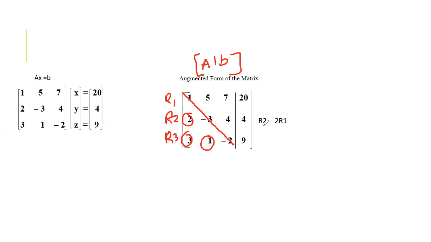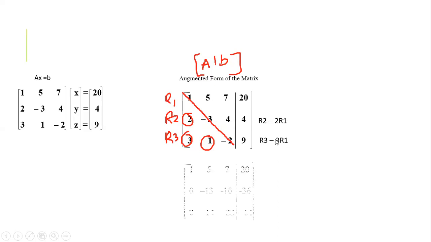R2 minus 2 times row 1 will help us to get this to be 0. Good. And then the next operation, for row 3, will be R3 minus 3 times row 1.